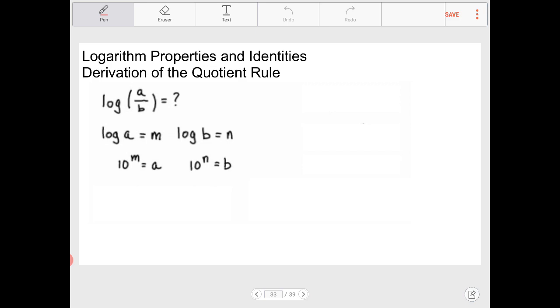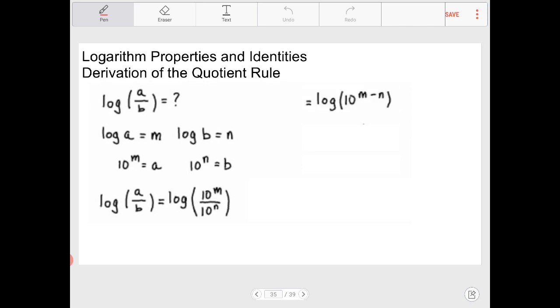Very similar. And with that, I am going to re-express the quotient not as A and B, but rather as m and n. And because I have a quotient now, and inside I have a power of 10 to the m and 10 to the n, and they're the same base, I can then simply apply the quotient rule for exponents, therefore subtracting the exponents because I have the same base.